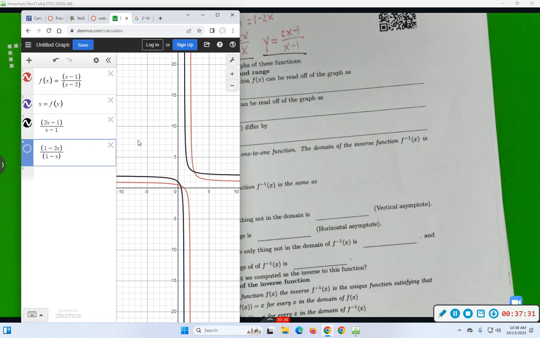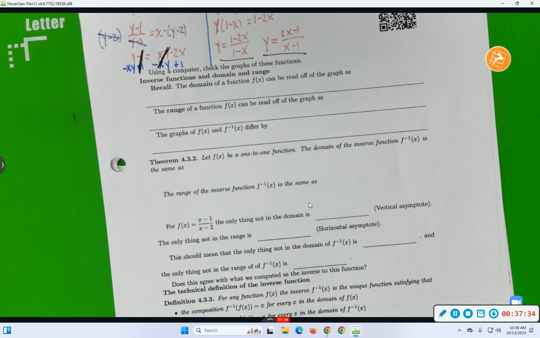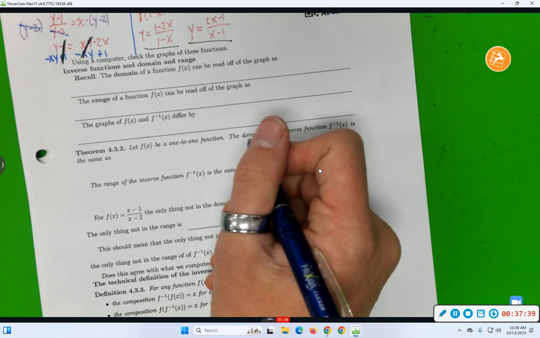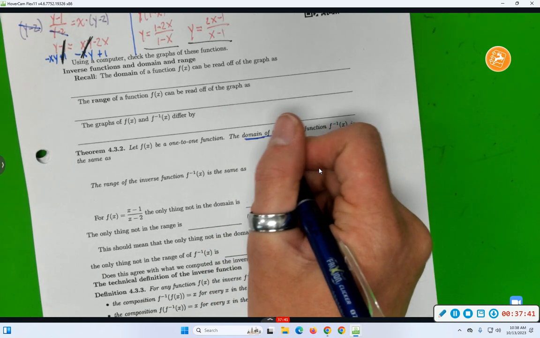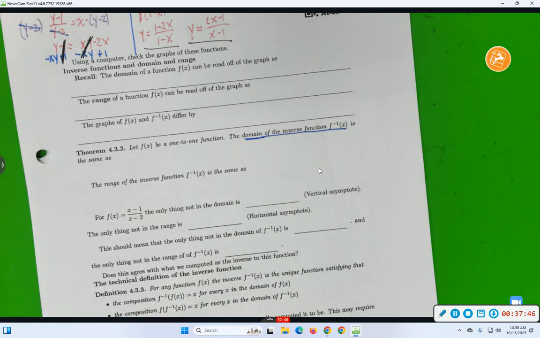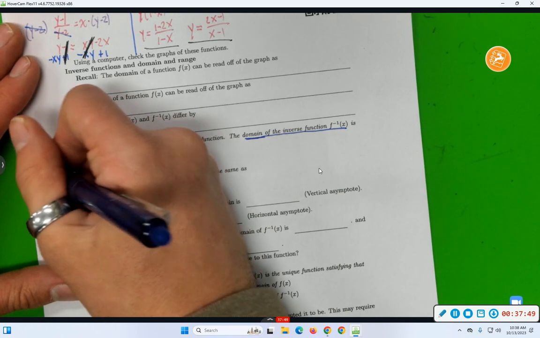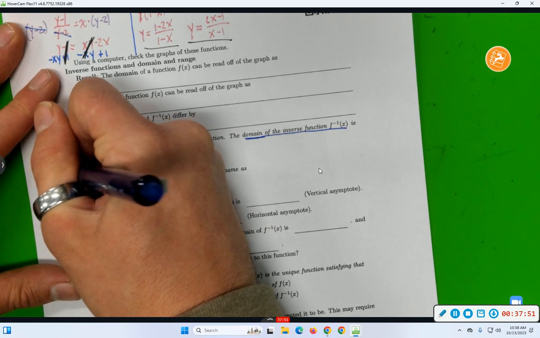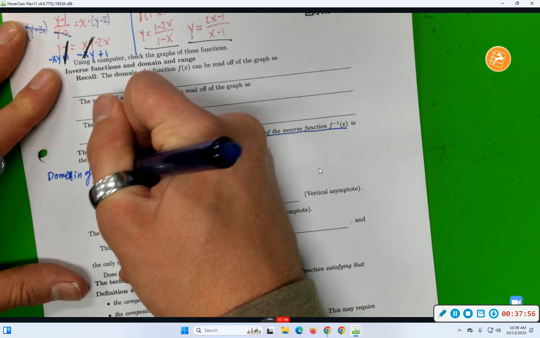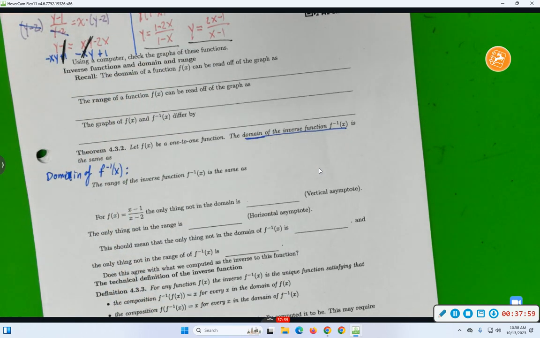The next thing I want to point out, and maybe I'll accelerate myself a little bit because I have 14 minutes, is domains and ranges. Let's suppose I ask you to find the domain of an inverse function. Let's think about what the domain of a thing means in terms of a graph. Domain of f inverse of x. How do you get the domain if you look at a graph?